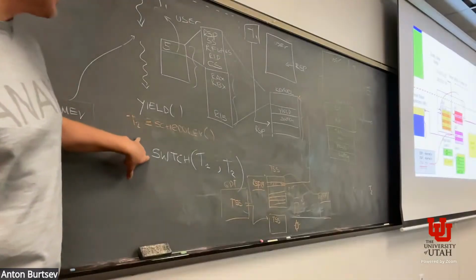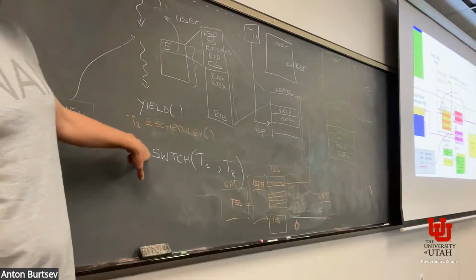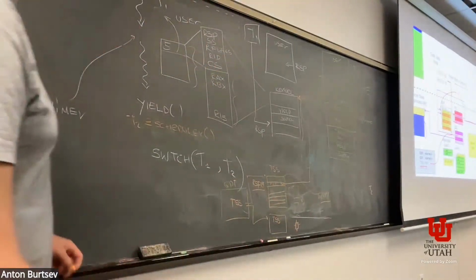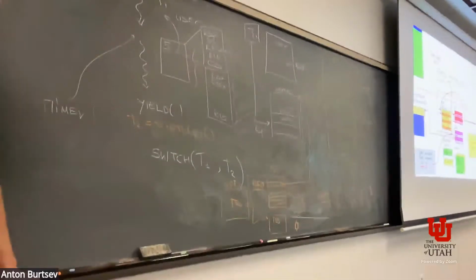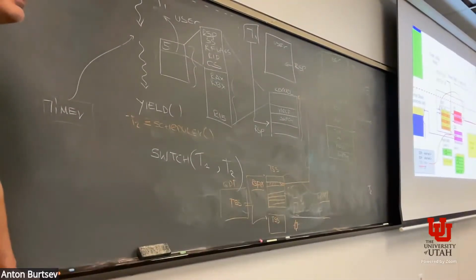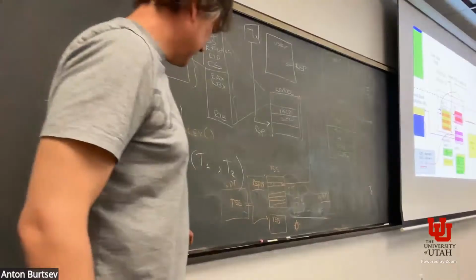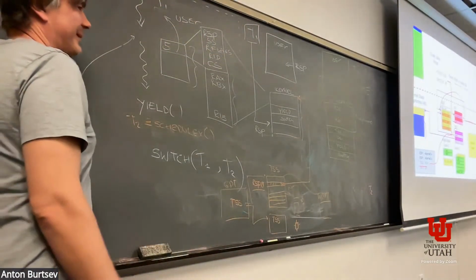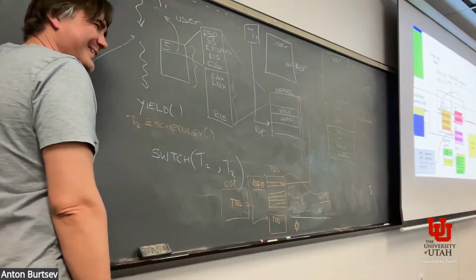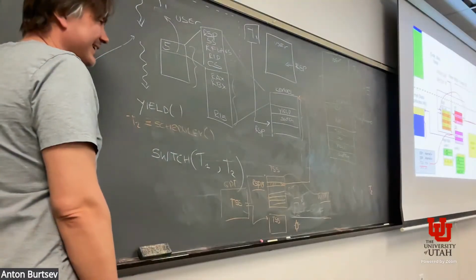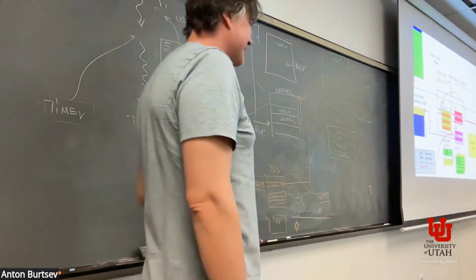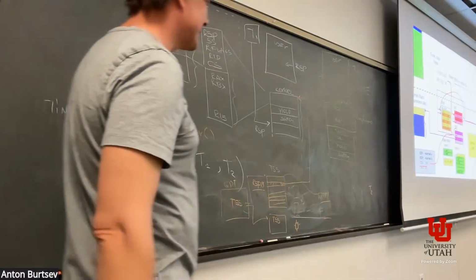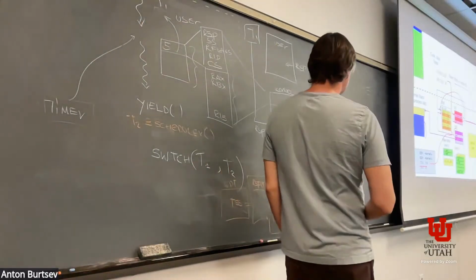What needs to happen in the switch? Just looking at this diagram. Okay, it's reasonably simple. But wait, hold on. What state do we have to save?